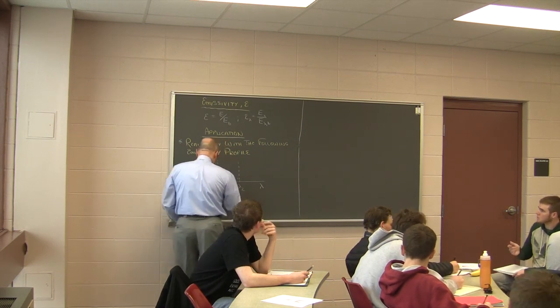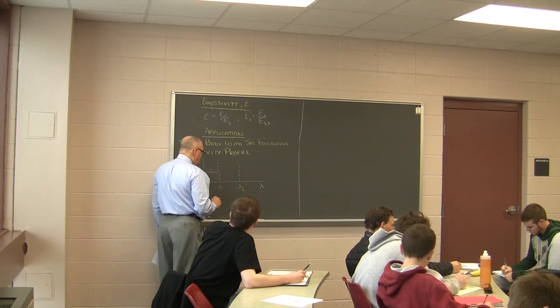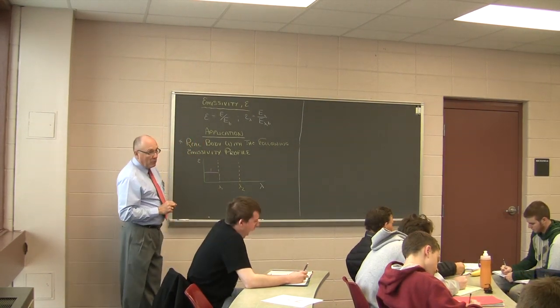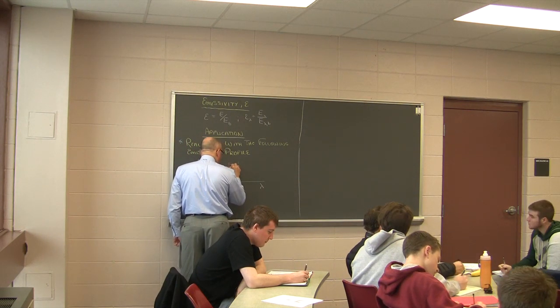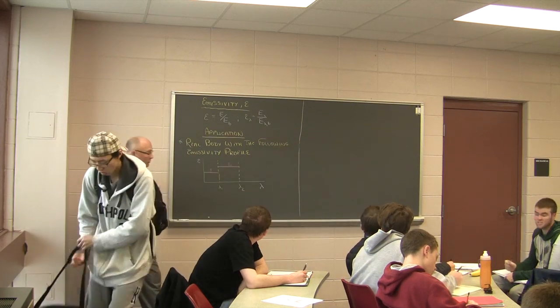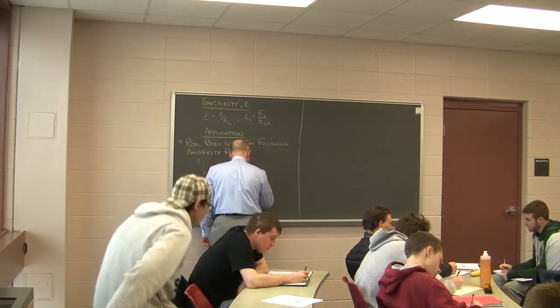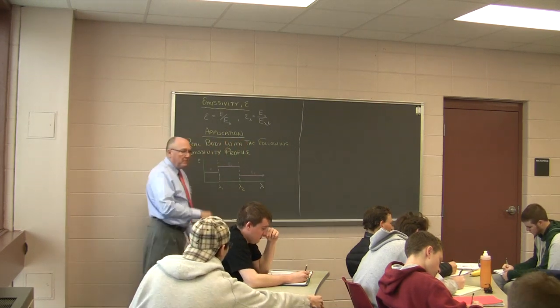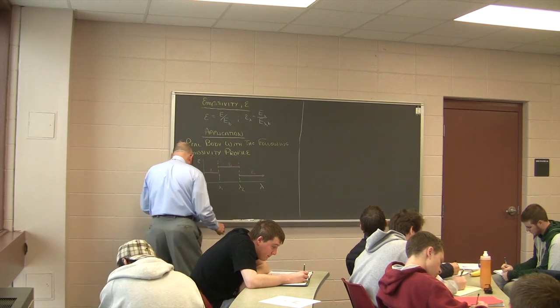So we have a certain emissivity here, call this emissivity 1, and that's between 0 and lambda 1. And then we jump to emissivity 2, a little higher, between lambda 1 and lambda 2. And then we proceed with emissivity 3 out to infinity, over the rest of the way.